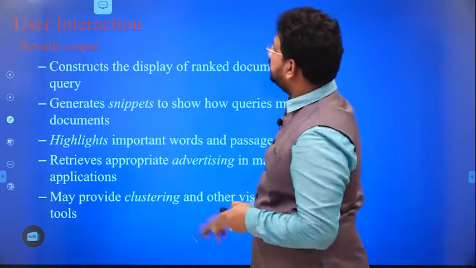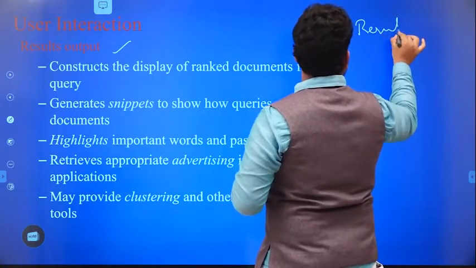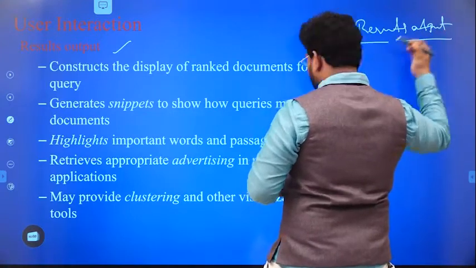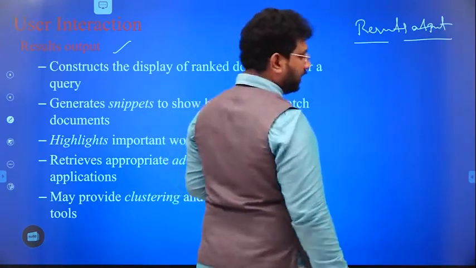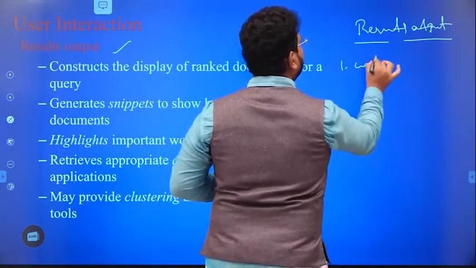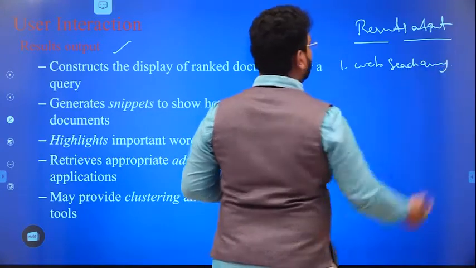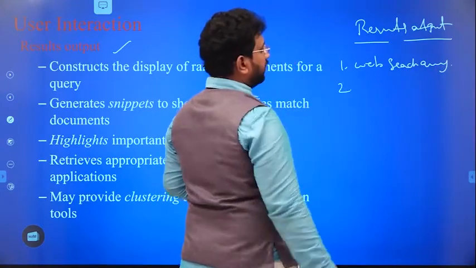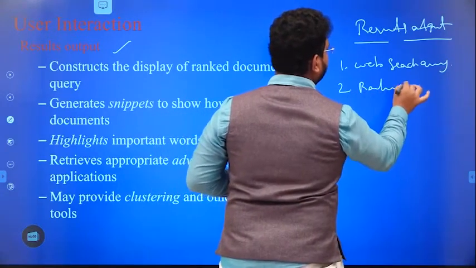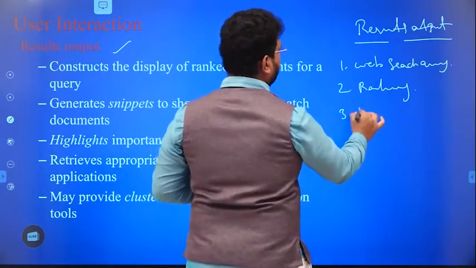Next, the third component is the results output. Whatever process has completed in the background whenever you enter the web search query, next you will be having the ranking algorithm, and next one, ranking and retrieval model.